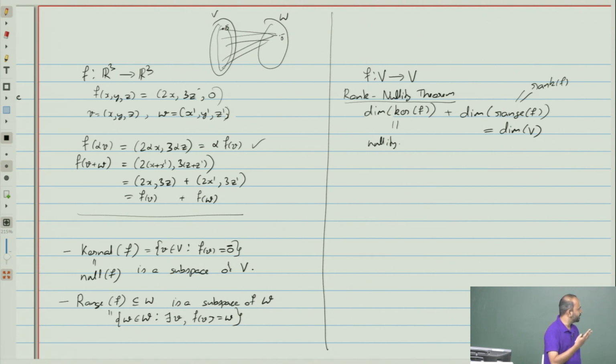The nullity of the matrix is the set of all vectors which the matrix takes to the zero vector. For any matrix M, if you add the rank and nullity, you will get the dimension of the vector space.